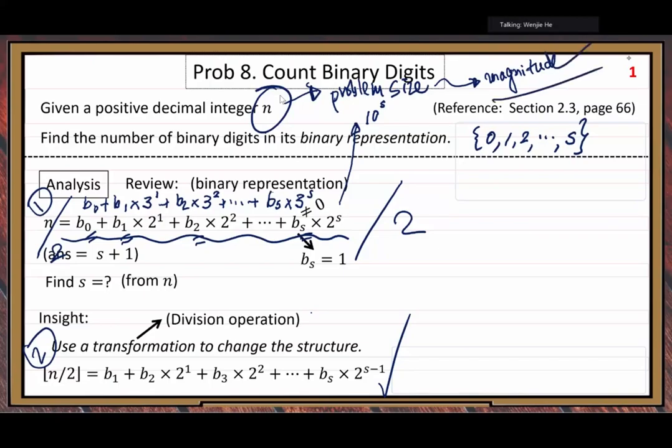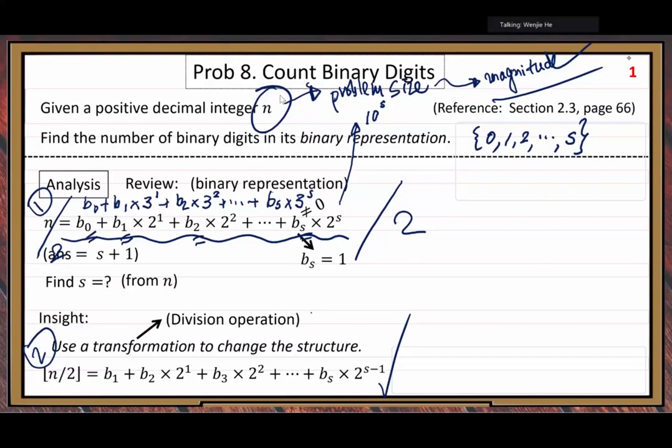So one number, but how large is this number? So that magnitude, we treat it as the problem size. Because the larger this number, the harder, right? So that matches our general understanding.